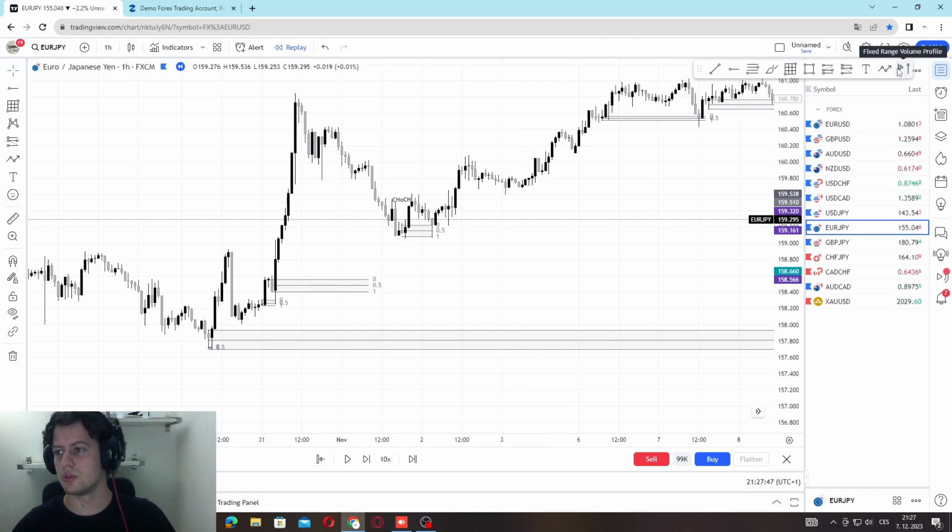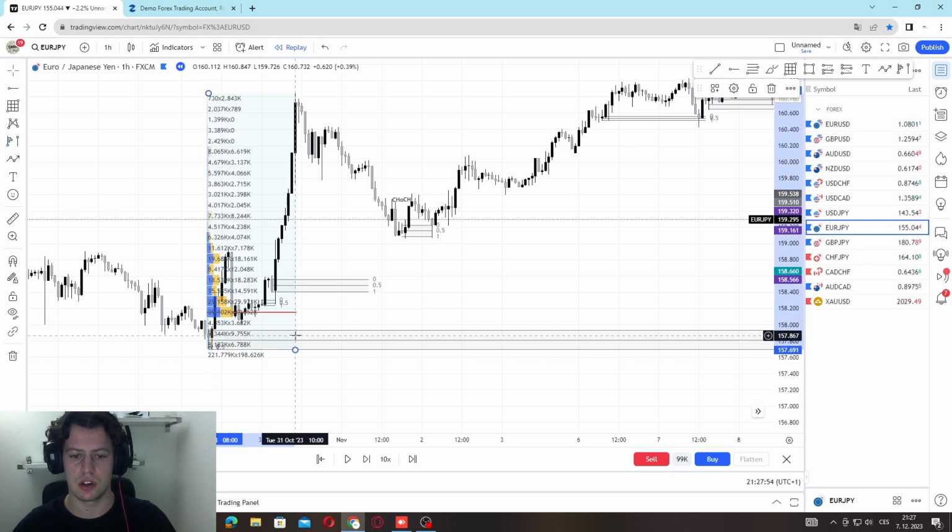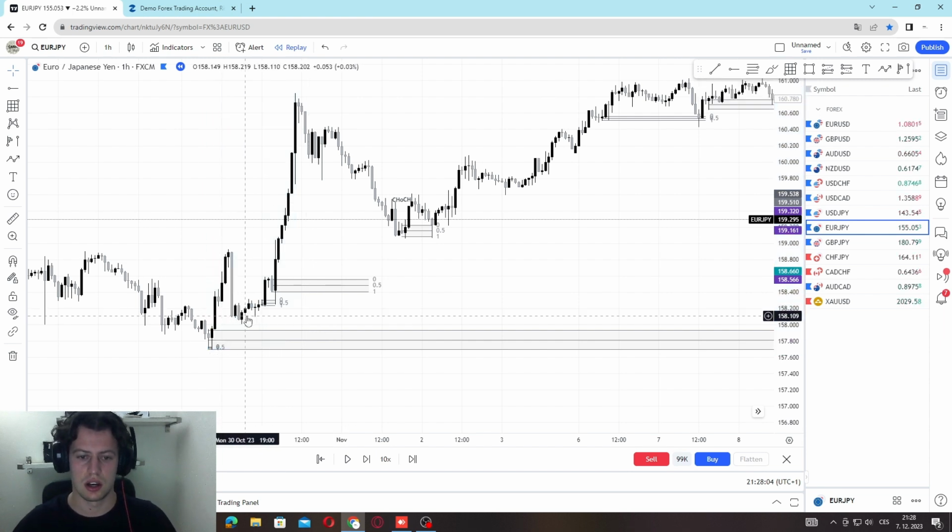I also use the fixed volume profile that you drag. I use it like a Fibonacci. This red line tells you where the most money was traded, where the most volume was traded. It tells you that it's here.